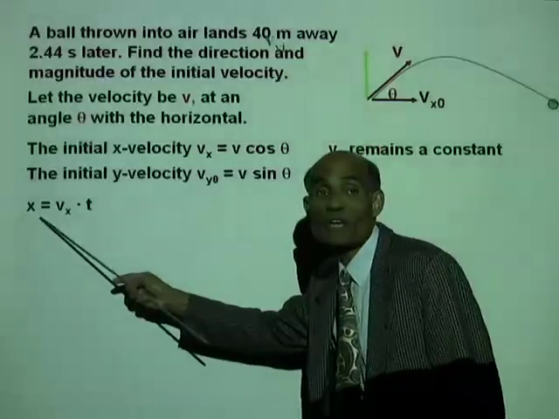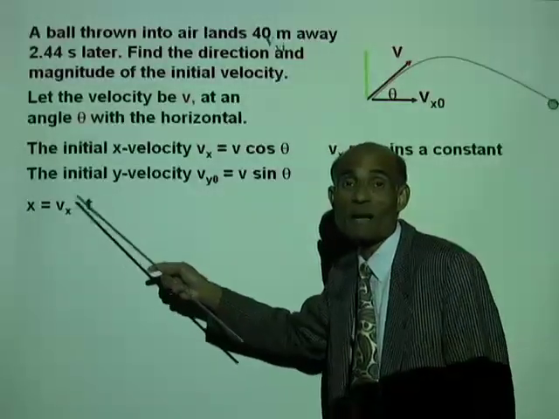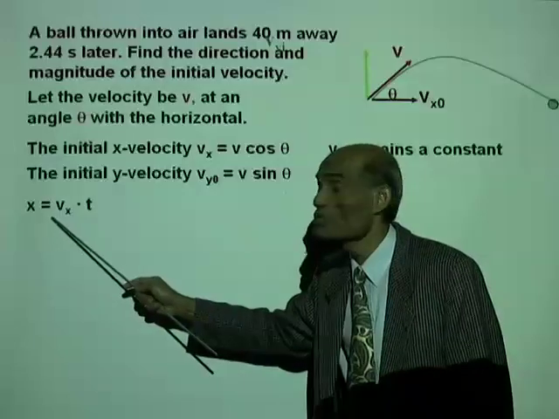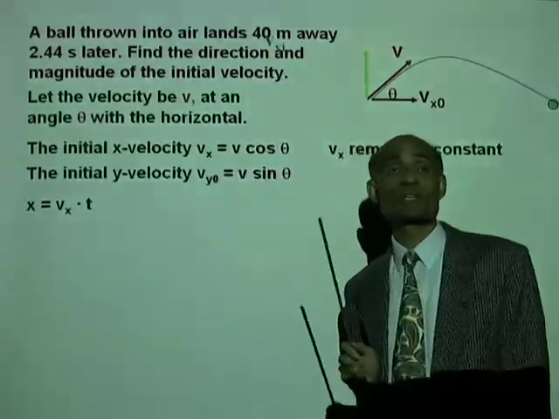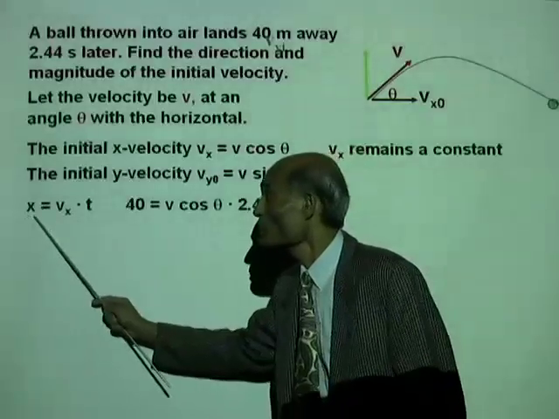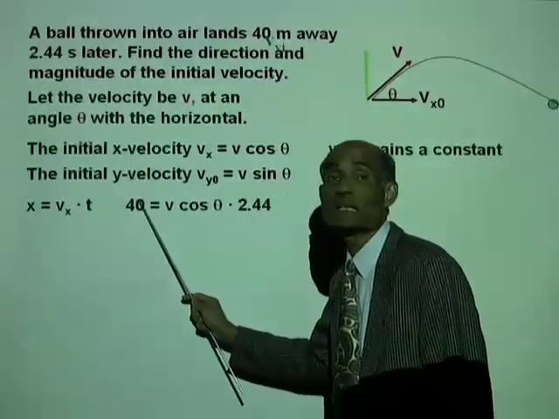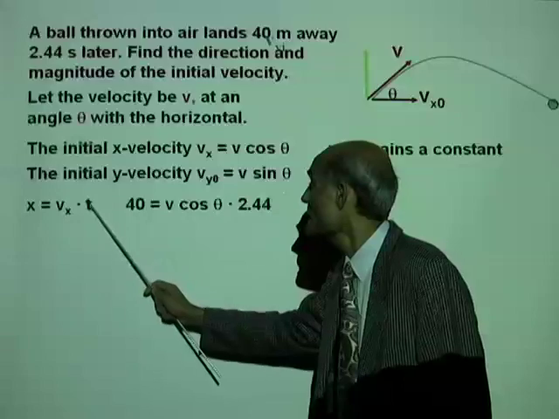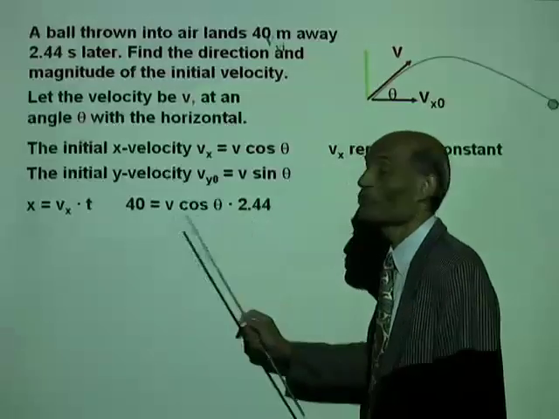Well, x equal to Vx multiplied by time. The horizontal range is the horizontal velocity multiplied by the time of flight. Now, the horizontal range is 40 meters and the time of flight is 2.44 seconds.